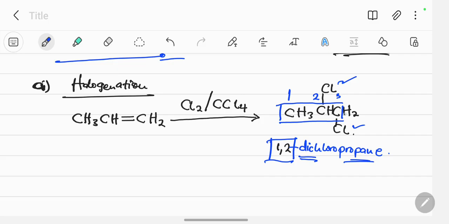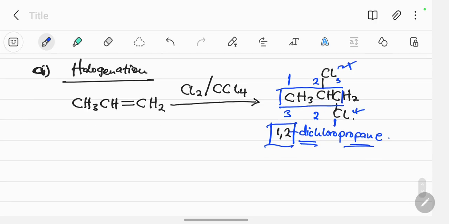But when you start counting from this side, you find out that one chlorine atom is at position 1, then the second chlorine atom is at position 2. So it's 1,2-dichloropropane.